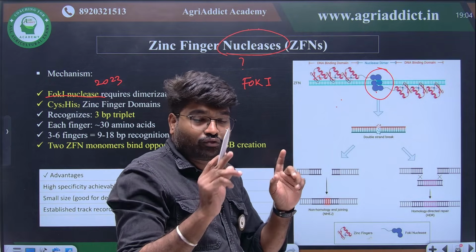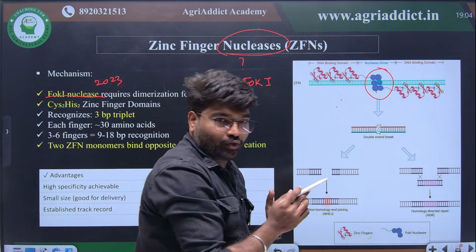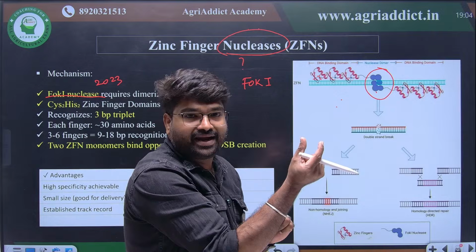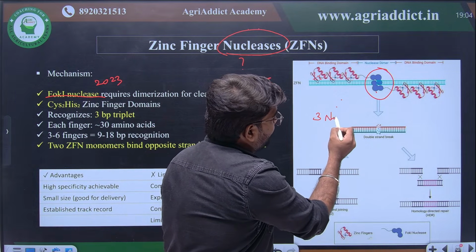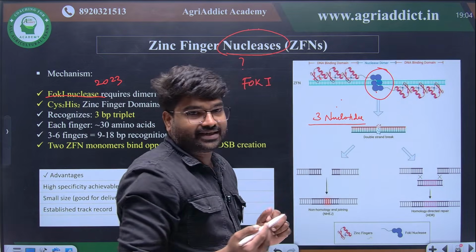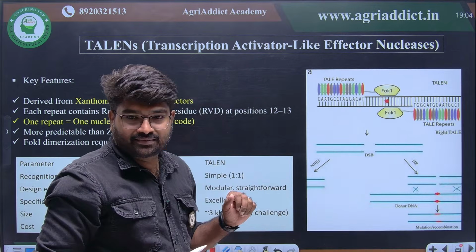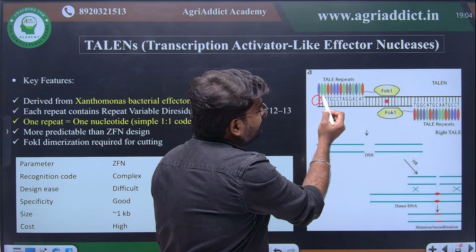The key difference is, in zinc finger nuclease, each zinc finger is a DNA binding domain that will bind three nucleotides at a time. But in TALENs, each TALE repeat will bind one nucleotide.